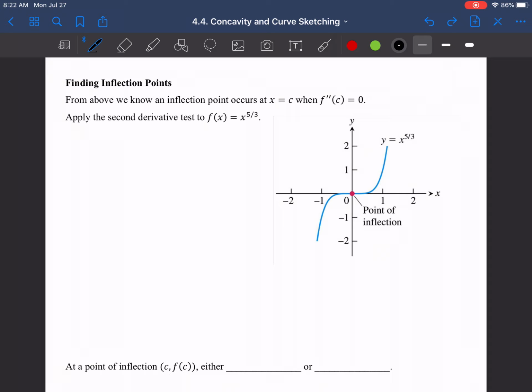At a point of inflection, C, f of C, either f double prime of C equals 0 or f double prime of C is undefined. Okay, so give this one a try, and I'll put it worked out in the notes for you to take a look at, just so we don't end up with too horribly long of a video.